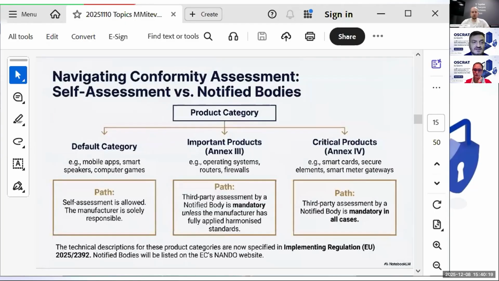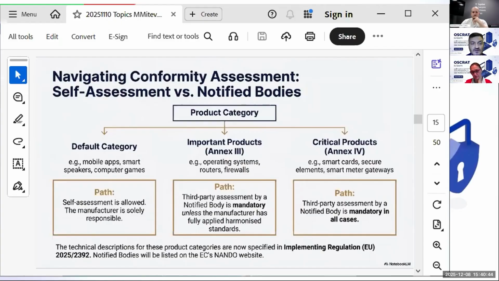The Cyber Resilience Act has 3 product categories: default, important, critical. For default products, the manufacturer may use self-assessment. They take full responsibility. For important products, in Annex 3, a notified body must check the product unless the manufacturer uses fully harmonized standards.